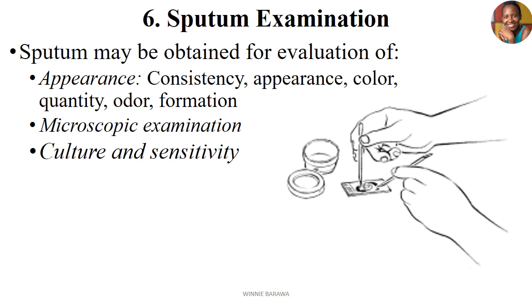Is it green? Is it yellow? Is it plain? Then there's the quantity, how much sputum has been produced, and the odor. Does it have a foul smell, or is there no smell? Then there's formation. How does it look, how is it appearing, and so on.